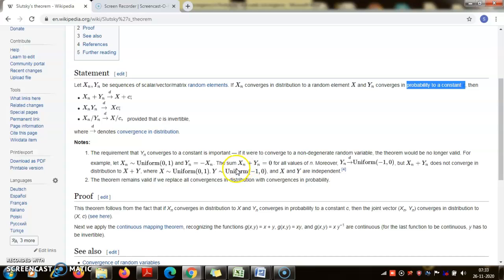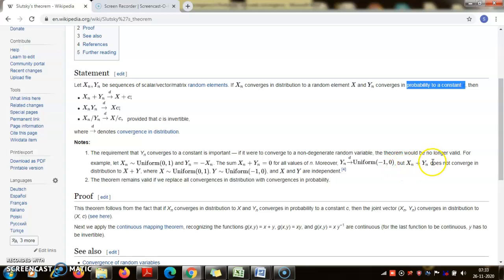But if you look at the limiting random variables, you see that minus Xn, that is Yn, will follow a uniform distribution on minus 1 to 0.